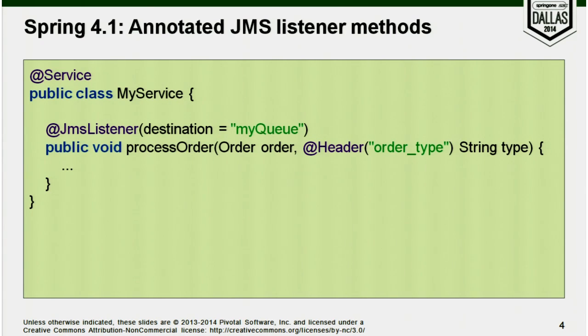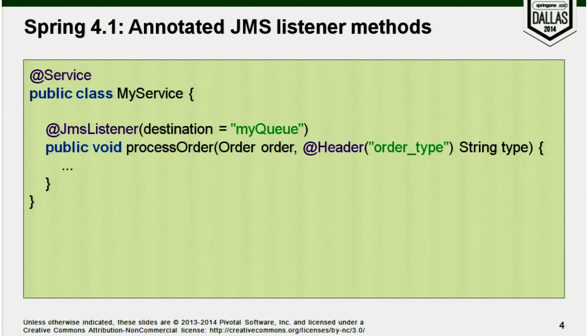You can ask for a message to be passed in, a message representation, the JMS message, or a Spring messaging message. You can ask for specific headers to be passed in, or for a headers map to be passed in. Like with Spring MVC, we react to your declared endpoint signature. So that's pretty nice, and actually a pretty nice application of those principles.